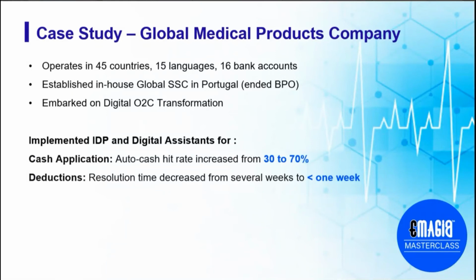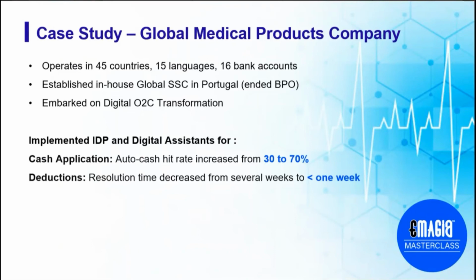So the two early implementations were one, cash application, which probably wouldn't be hard to guess. And the global order cash hit rate increased from 30 to 70%.